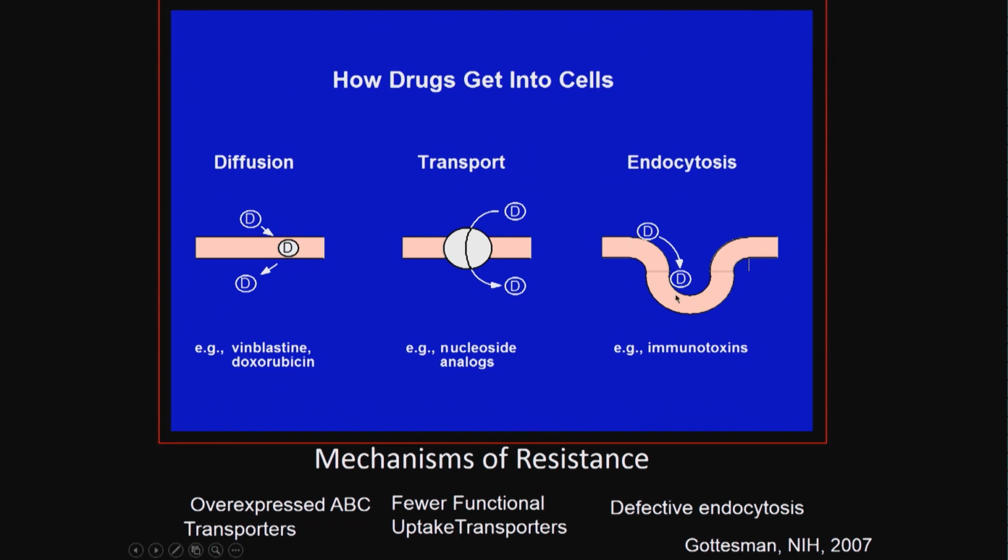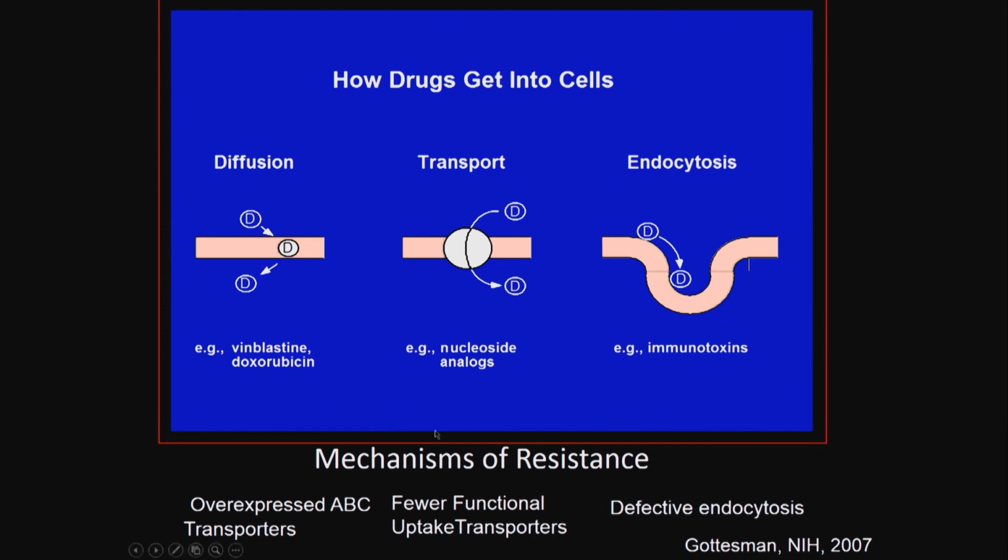Large molecules always go through this; large molecules cannot go through diffusion and transporters. If you have overexpressed ABC transporters, fewer functional uptake transporters, or defective endocytosis, you could have problems leading to resistance, because the drugs do not penetrate and reach the inside of the cell.